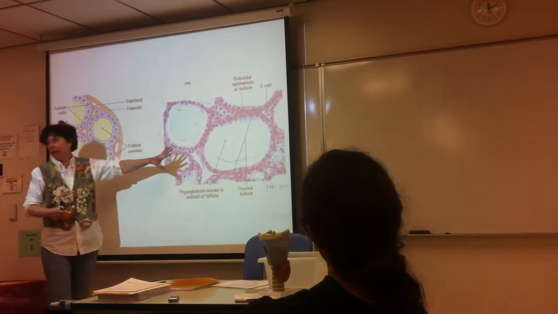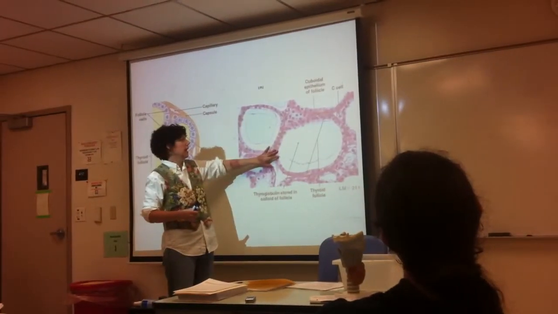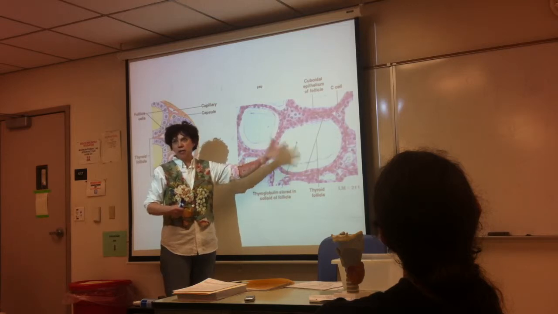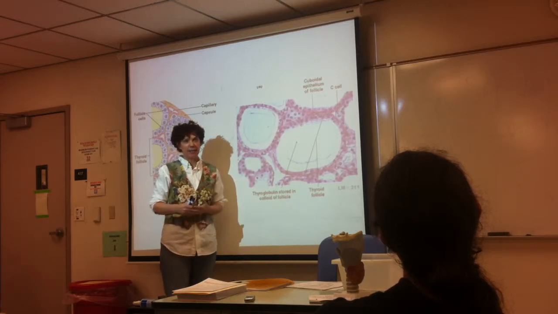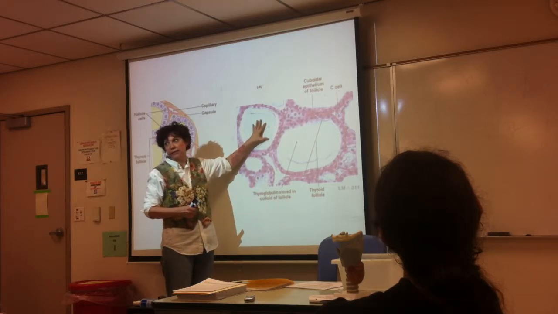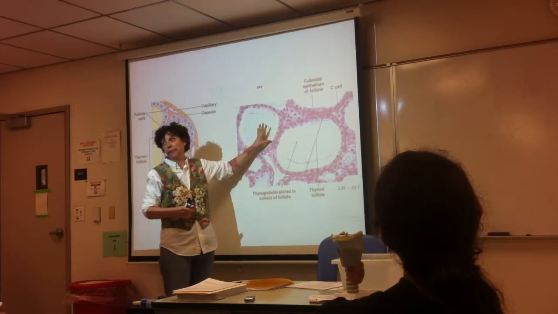Now, unlike most of our other endocrine organs, the hormone produced by the thyroid gland is produced and not directly excreted into the blood. It's stored in this central area here in an inactive form.